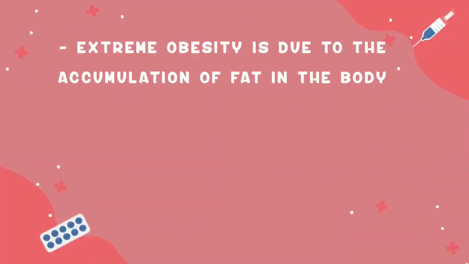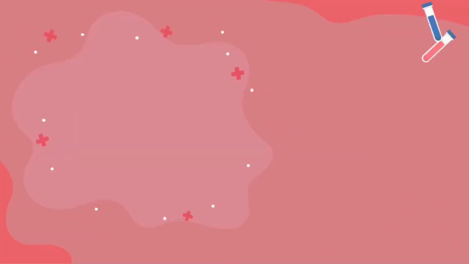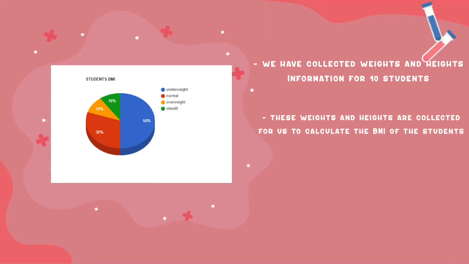We know that extreme obesity is due to the accumulation of fat in the body. Moreover, those who are obese are prone to a variety of diseases and dangers. Following this issue, we have collected weight and height information for 10 students. These weights and heights are collected for us to calculate the BMI of the students.